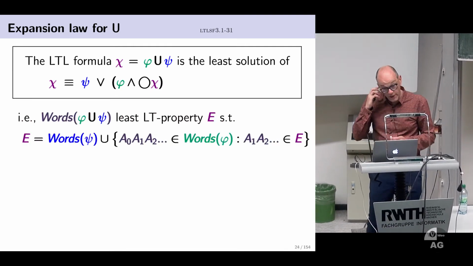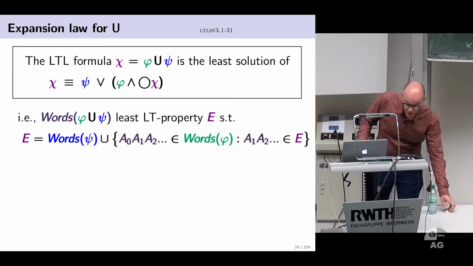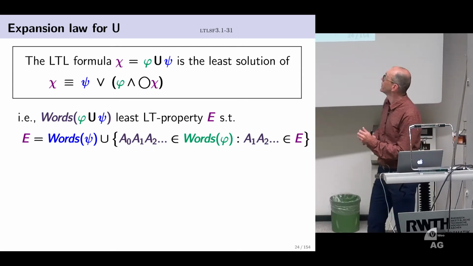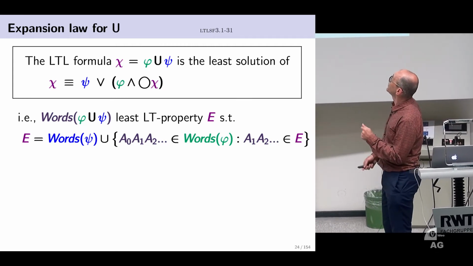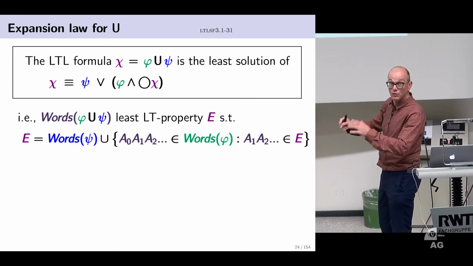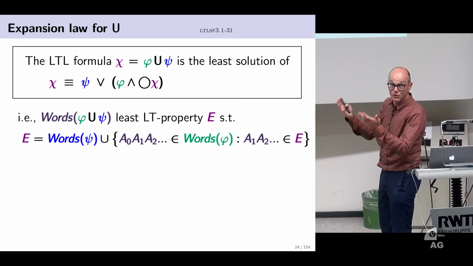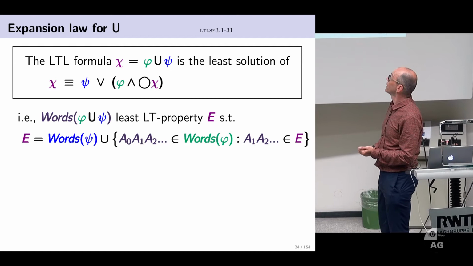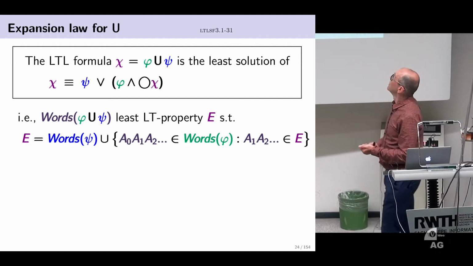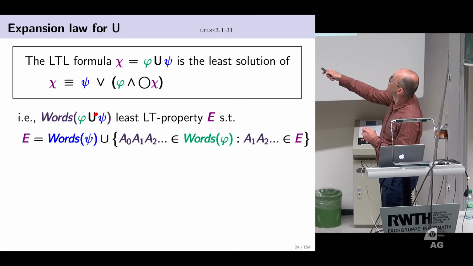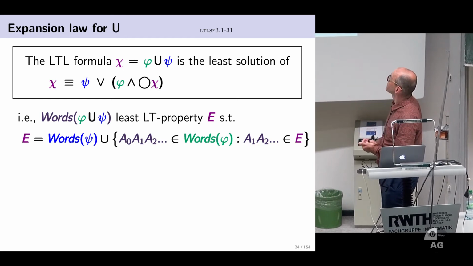So the way that we showed this in the last lecture, and I will not repeat the proof, but I will repeat the statement that we have shown, is that we did not prove this in the logical sense, but we looked at the set of traces described by an LTL formula. So basically we look at the words of phi until psi.